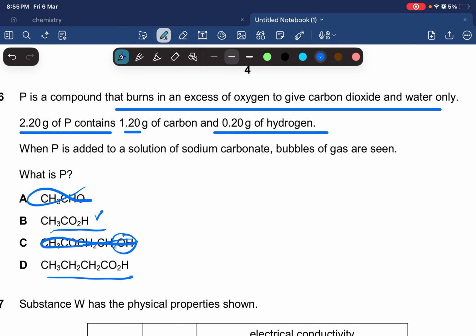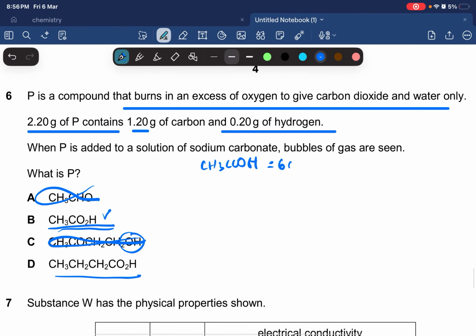So we consider this and this. Now what's the thing? We say that let's calculate the MR of this. For CH3COOH, ethanoic acid, what's gonna be the MR? It's simply gonna be 12 plus 12 plus 16 plus 16 plus 3 plus 1, right? 60. It's going to be 60. So if we have 60 grams of our ethanoic acid, how many grams of carbon does it contain? It is going to contain 12 plus 12 grams of carbon.